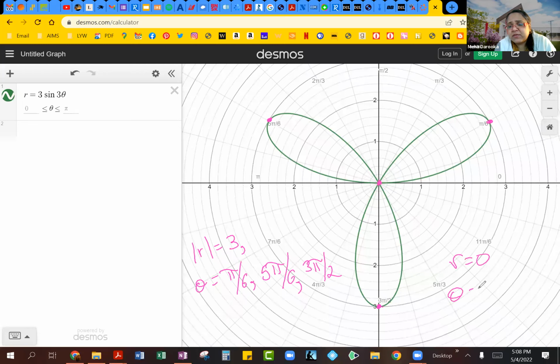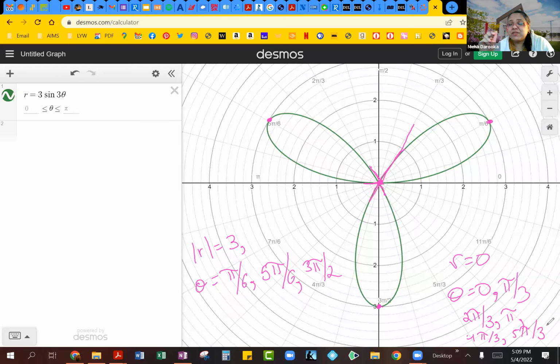So you are getting 0 at angle 0. And to me, it looks like at pi over 3 because this curve kind of coincides with the line pi over 3. You will see the same thing here with 2 pi over 3. This guy is coming here from pi. This curve is coming from 4 pi over 3, which makes sense because now you're looking at multiples of pi over 3. And then this angle over here seems to be coming from 5 pi over 3.